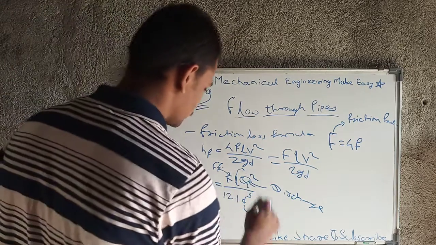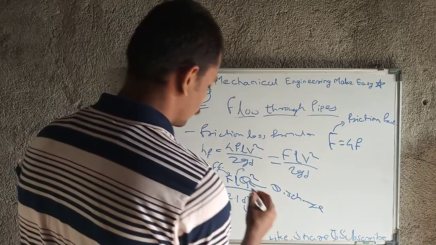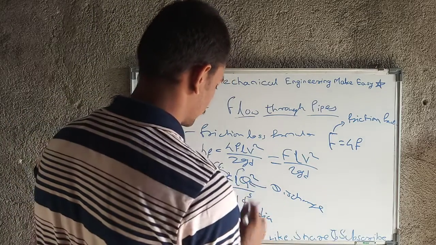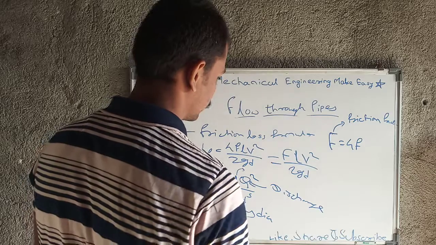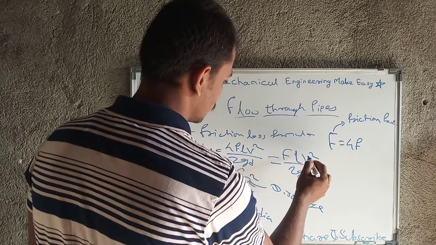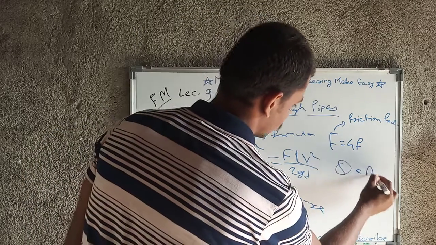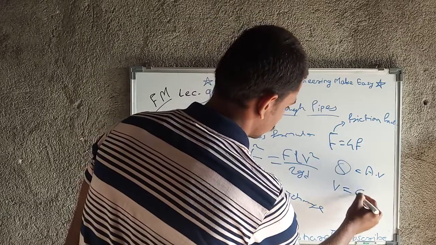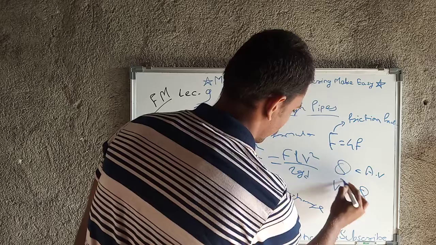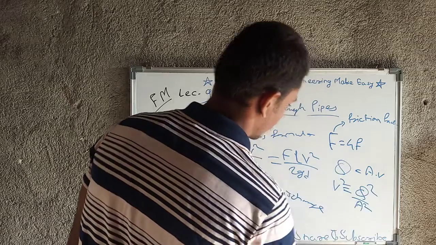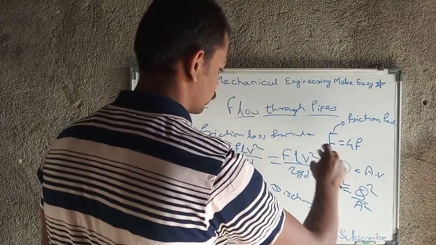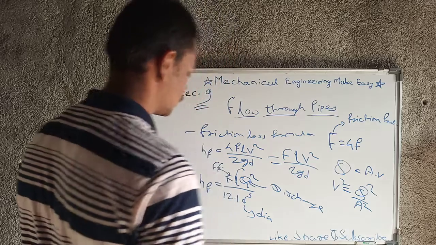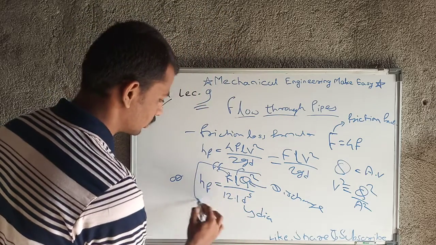So how did this equation come? We put Q is nothing but area into velocity, so velocity equals Q by A, and velocity square is Q square upon A square. So ultimately, putting this value in the equation, we will get this equation.